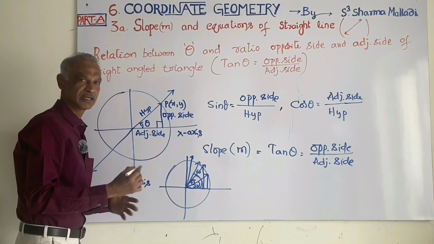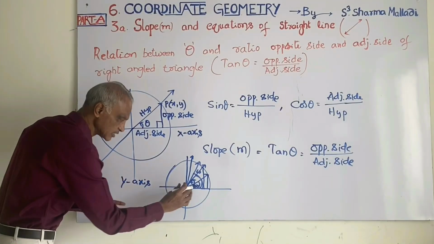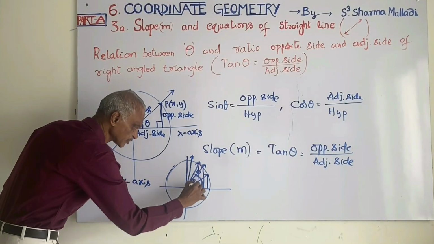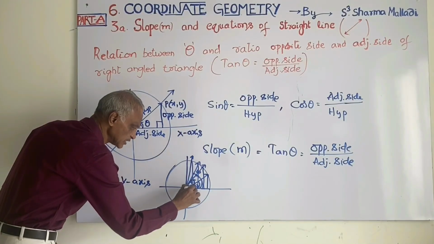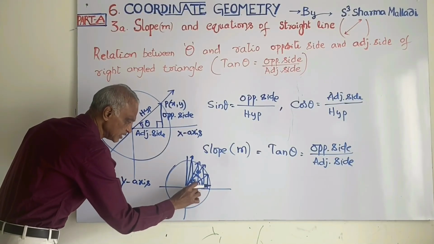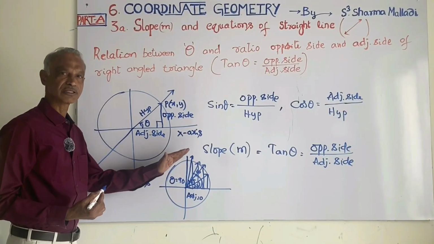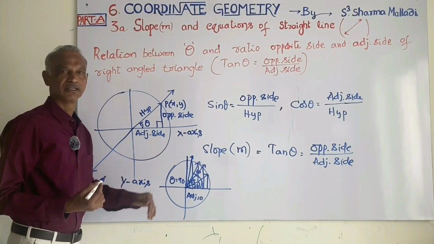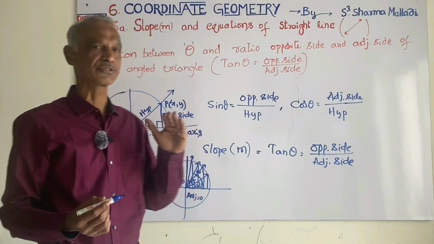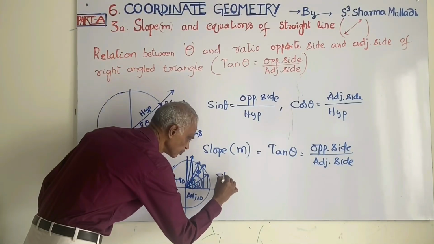When the angle is increasing, the opposite side is increasing and the adjacent side is decreasing. Theta is increasing, the angle is increasing, and the slope also increases. Like that, slope depends on angle. That you should understand.